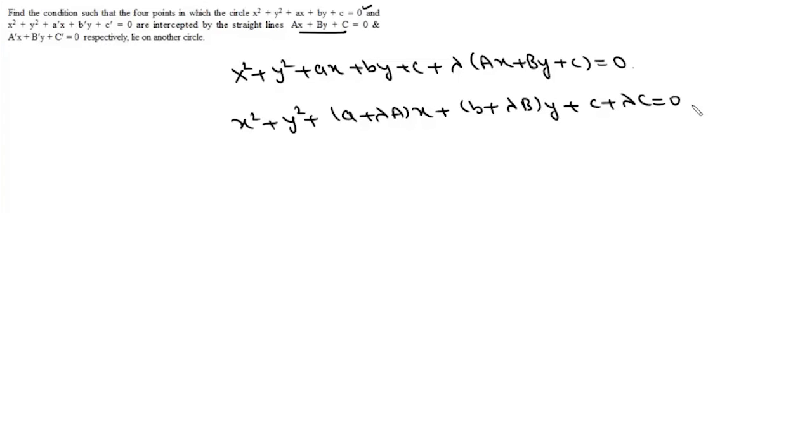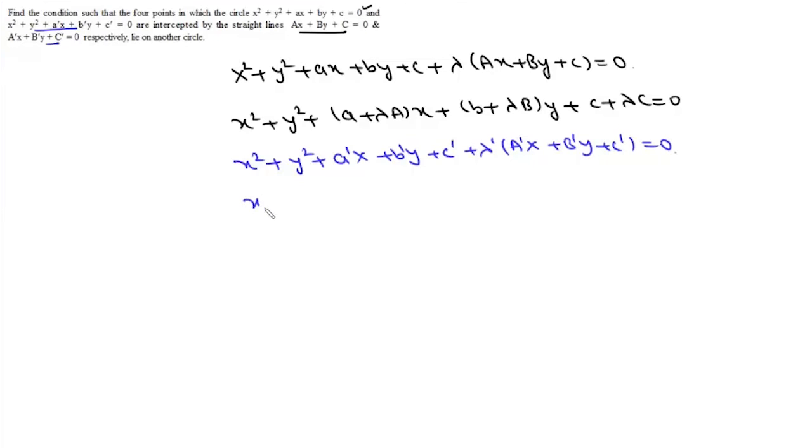And in the same way, the equation of all the circles which pass through the intersection of this circle and this line will be given by S plus lambda dash L equals 0. So that equation will be x square plus y square plus a dash x plus b dash y plus c dash, plus lambda dash times (capital A dash x plus capital B dash y plus capital C dash) equals 0.